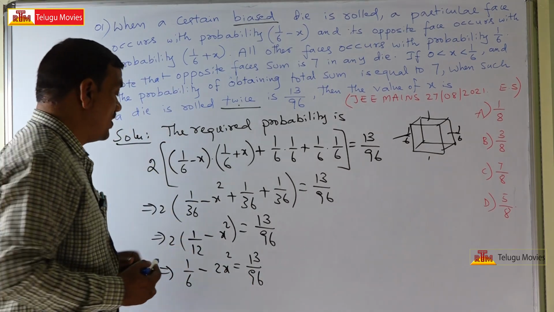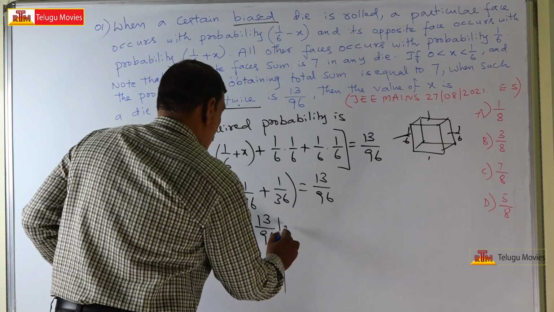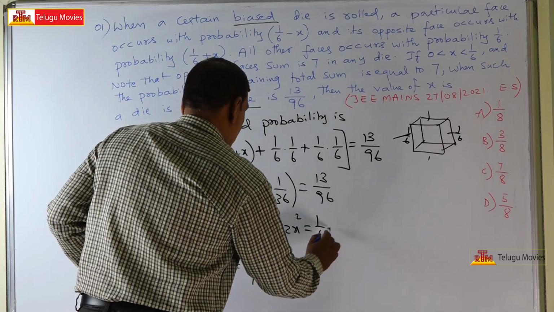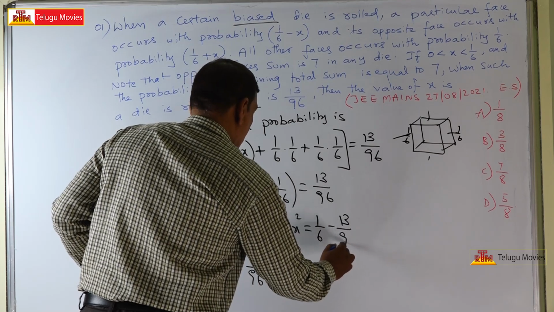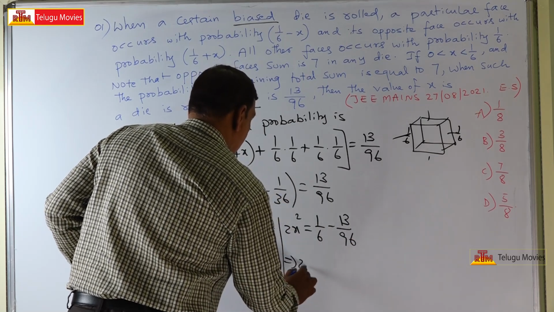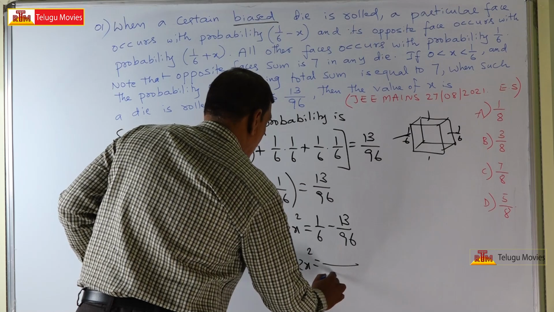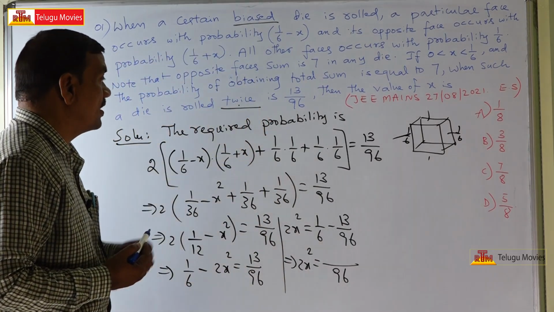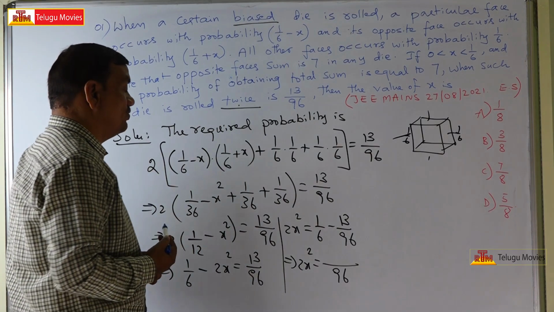From this we get 2x square is equal to 1 upon 6 minus 13 upon 96. So this implies 2x square is equal to, this is 96. So with 96, how much will you get?